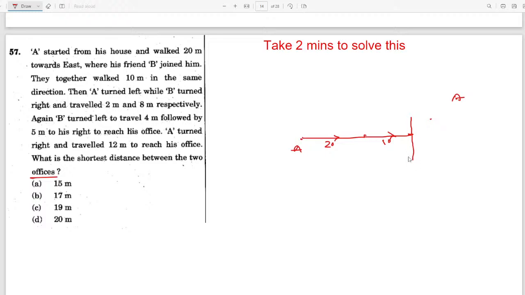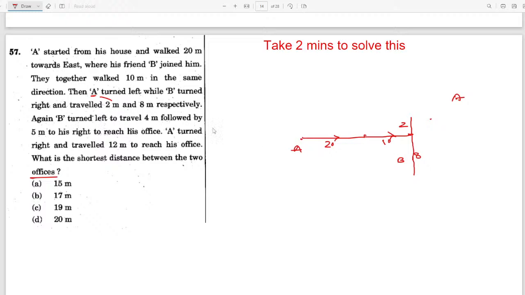A turned left while B turned right, and traveled 2 meters and 8 meters respectively. So A traveled 2 meters, and B traveled 8 meters.